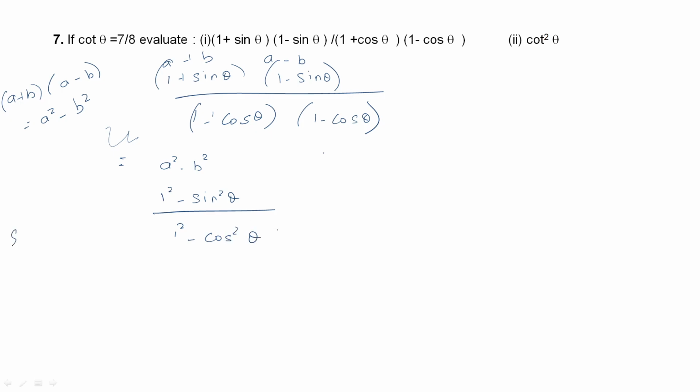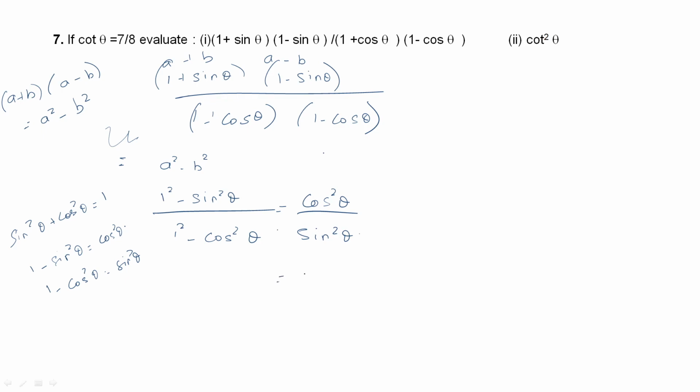So another identity which you know is sin square theta plus cos square theta is 1. Okay, so 1 minus sin square theta is cos square theta. Okay, so this will become cos square theta. And what is 1 minus cos square theta? That will be sin square theta. Okay, so cos square by sin square.